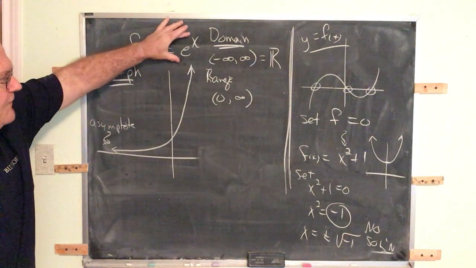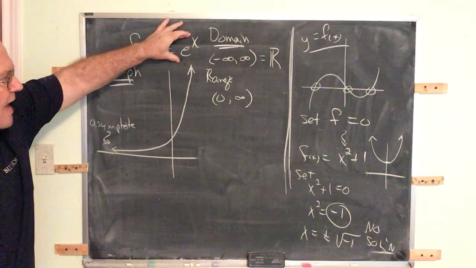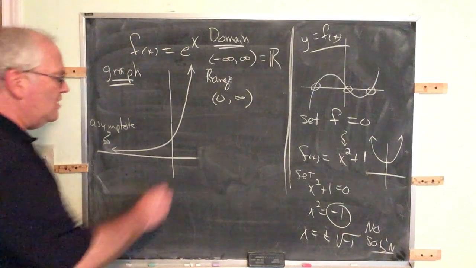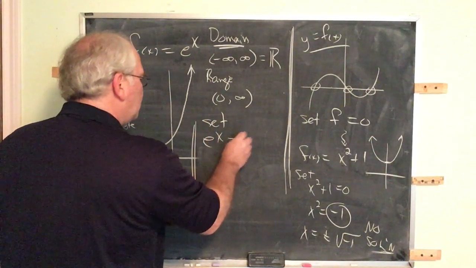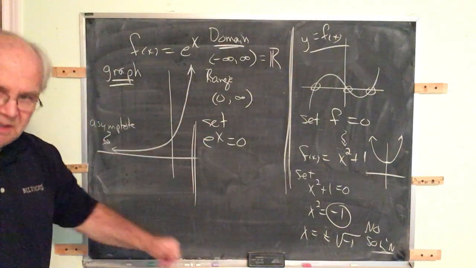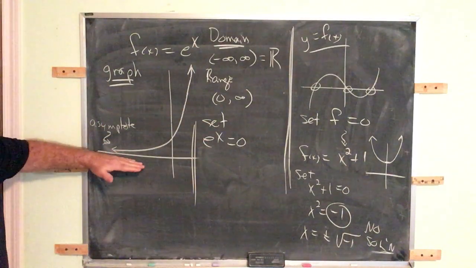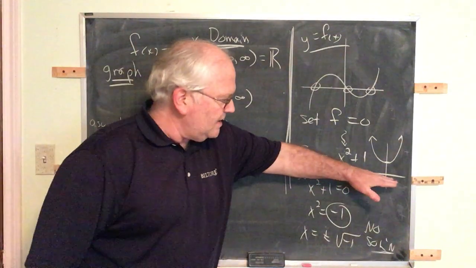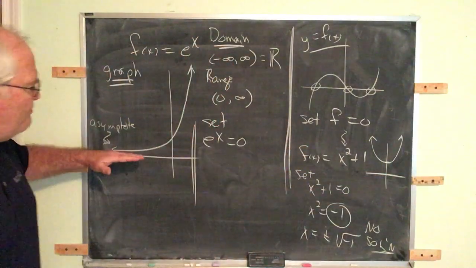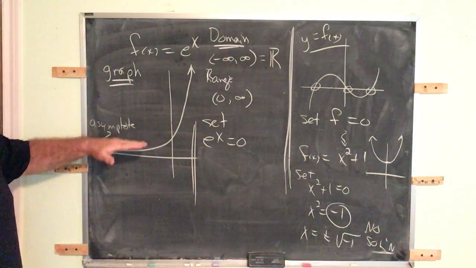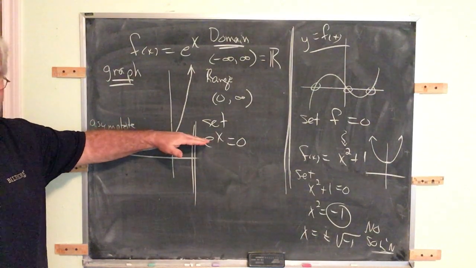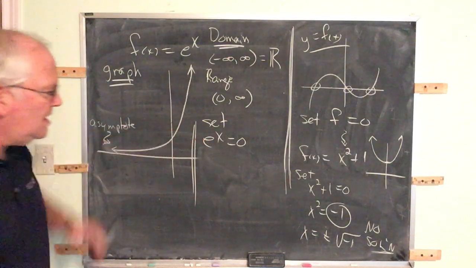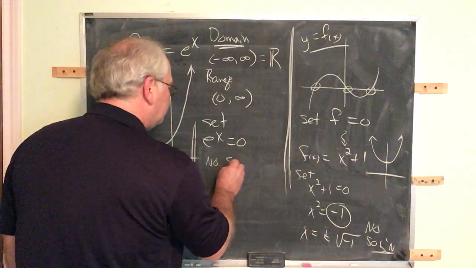If we look to try to find the x-intercepts of e to the x, and we set e to the x equal to 0 and try to solve that, from the graph, we can see this has no solution. Because the graph has no x-intercepts, this equation has no solutions.